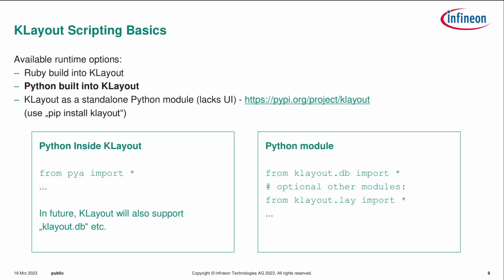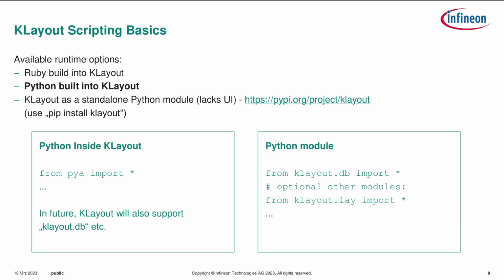In addition to the integrated Python, there's also a standalone Python module that you can install using pip. The pip module is really called KLayout. So you see on the left side at the bottom how you essentially import layout. So you import KLayout and then a submodule, and the submodule is DB, for example, for the geometrical engine.